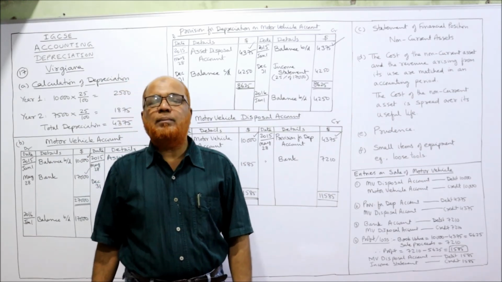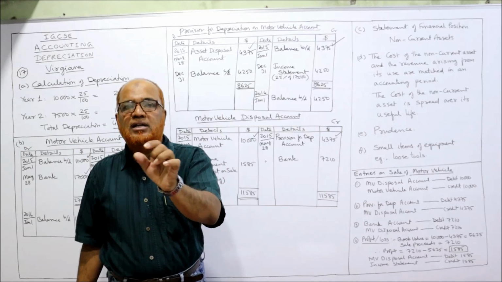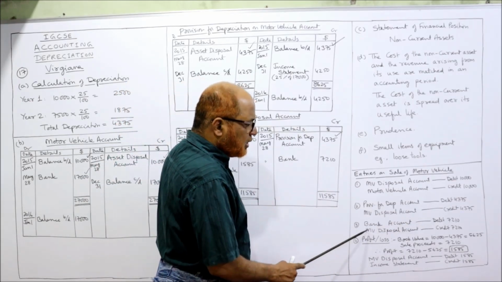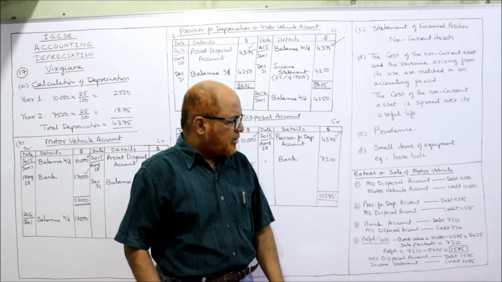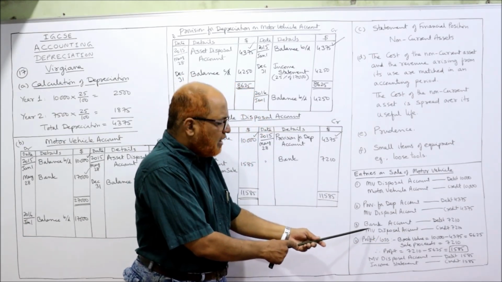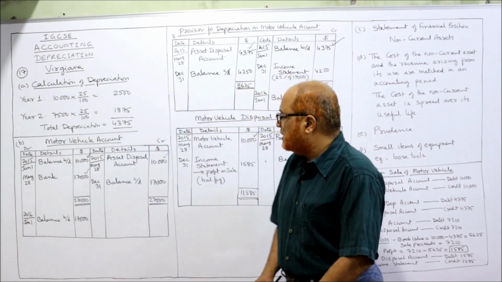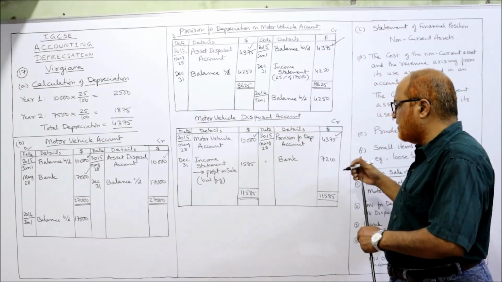The entry will be bank account debit, motor vehicle disposal account credit. So bank account debit, motor vehicle disposal account credit 7,210. We don't have the bank account here, but we have the motor vehicle disposal account. So on the credit side of the motor vehicle disposal account, bank 7,210.